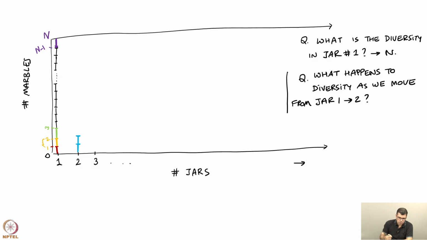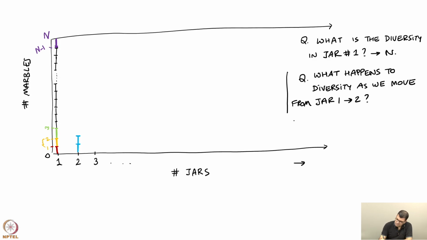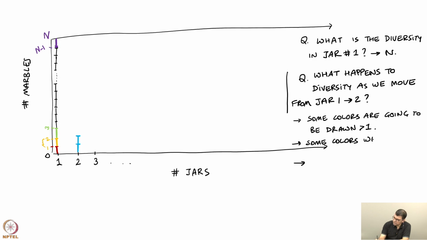So, what this means is that some colors are going to be drawn more than once, and hence these are going to be over represented as compared to their frequency in the first jar, and some other colors will not be drawn at all.